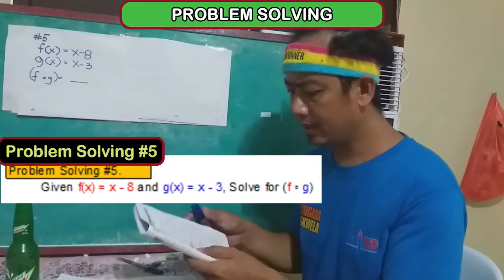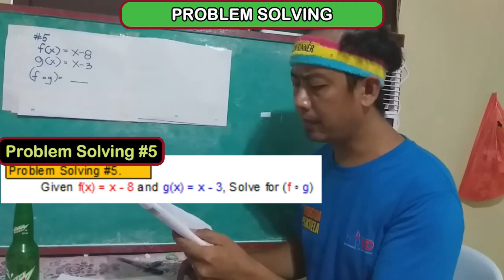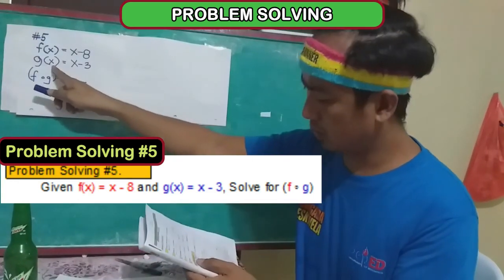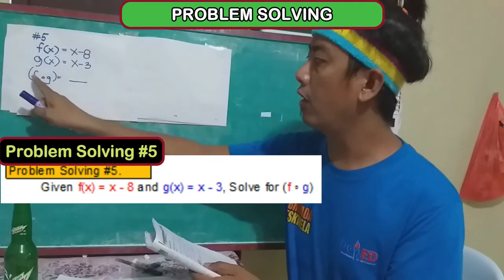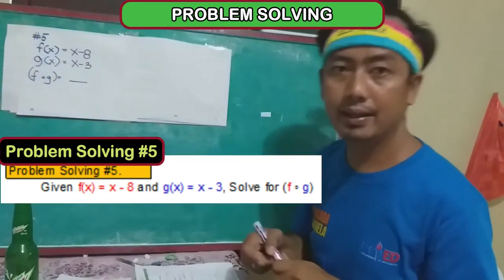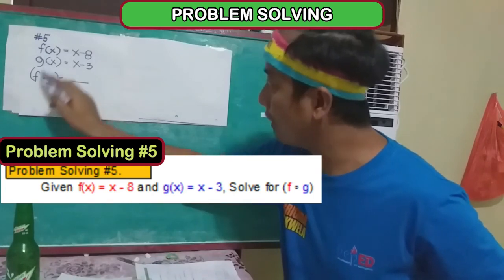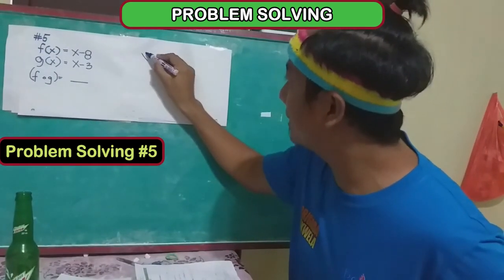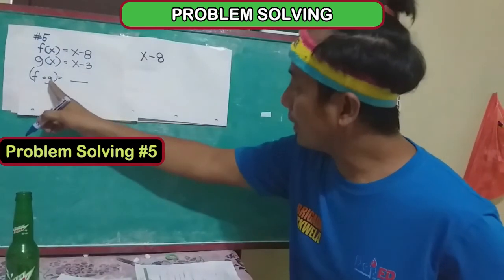Itong number 5 natin is given function of f is equal to x minus 8 and function of g is equal to x minus 3. Find f of g. Ibig sabihin yan, itong f, i-substitute natin yung g. Ang f is x minus 8. Ipapasok natin ngayon yung g.